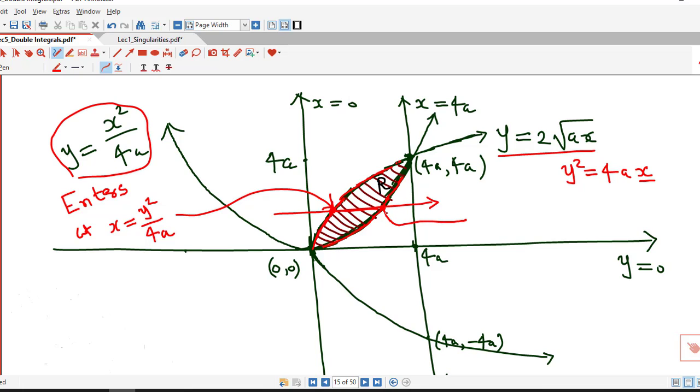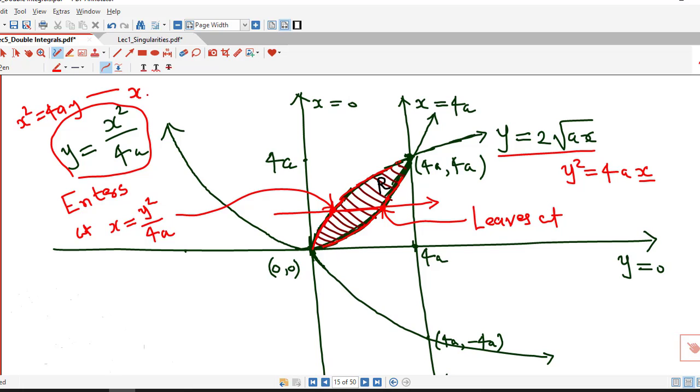So here we have to decide the value of x. From this we obtain x square equal to 4ay, and therefore if we take the square root, x will be equal to plus or minus square root of 4ay.